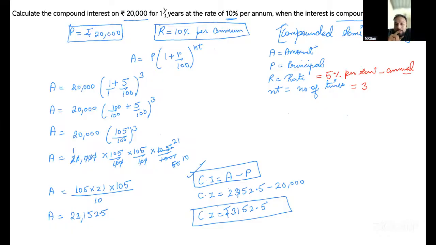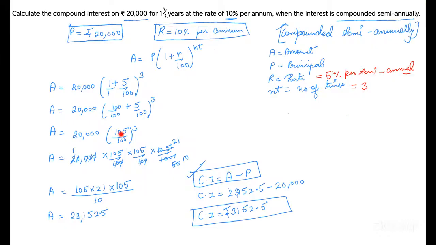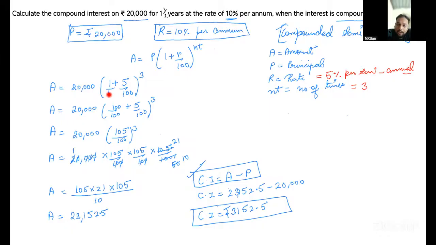Everyone got it? Joshua? Yes. So how do you get 1 by 1 and then it became 100 by 100? A equals 20,000 into 1 by 1 and then it became 100 by 100. See, here the denominator is 1. I have to make denominator 100.